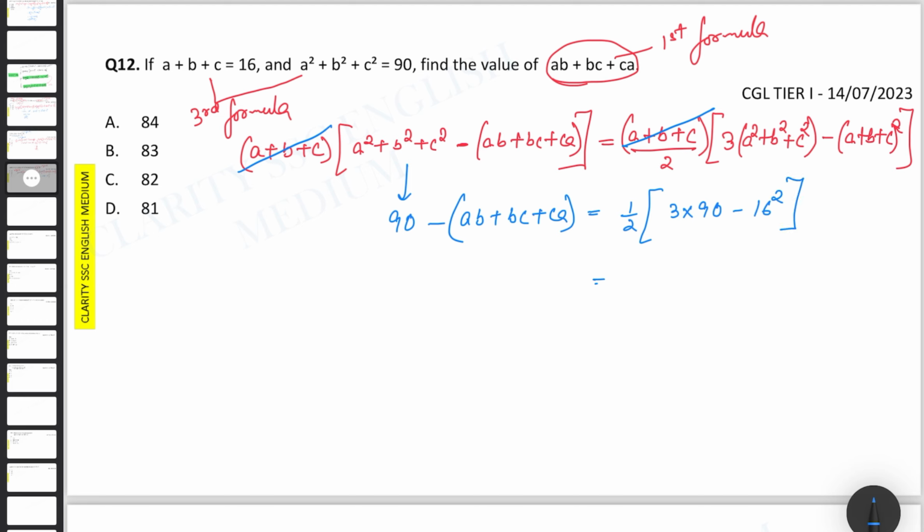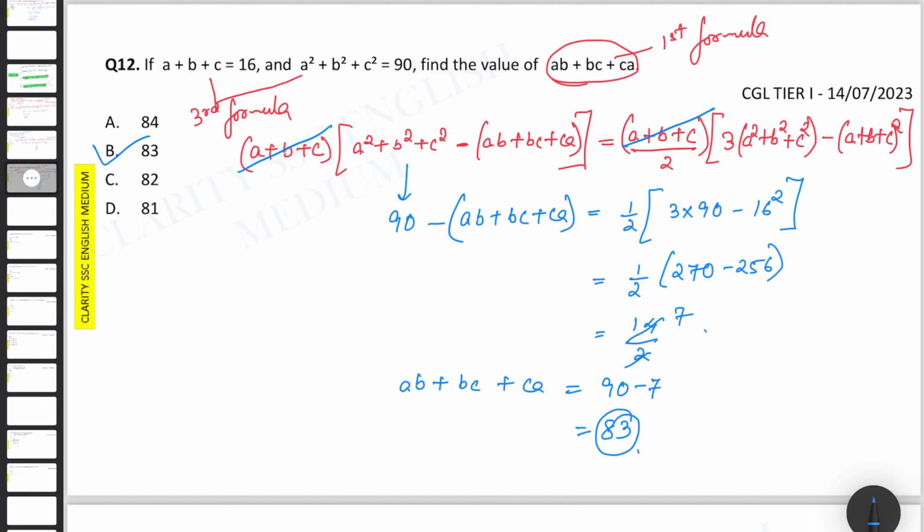What's the value here? 1 by 2 into 270 minus 256, so it's 7. So what will be the value of ab plus bc plus ca? It's 90 minus 7, obviously 83. So option number B is the correct answer.